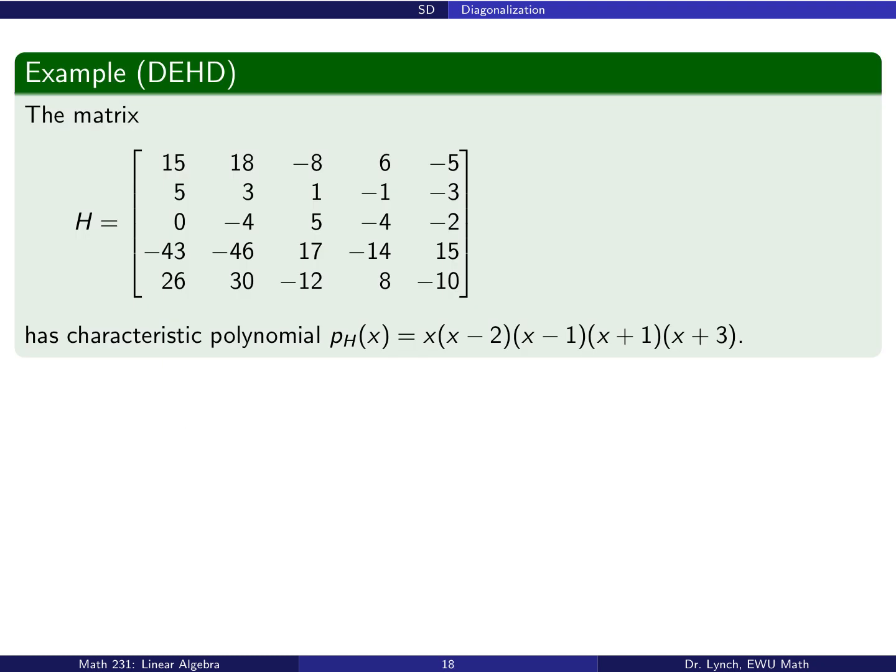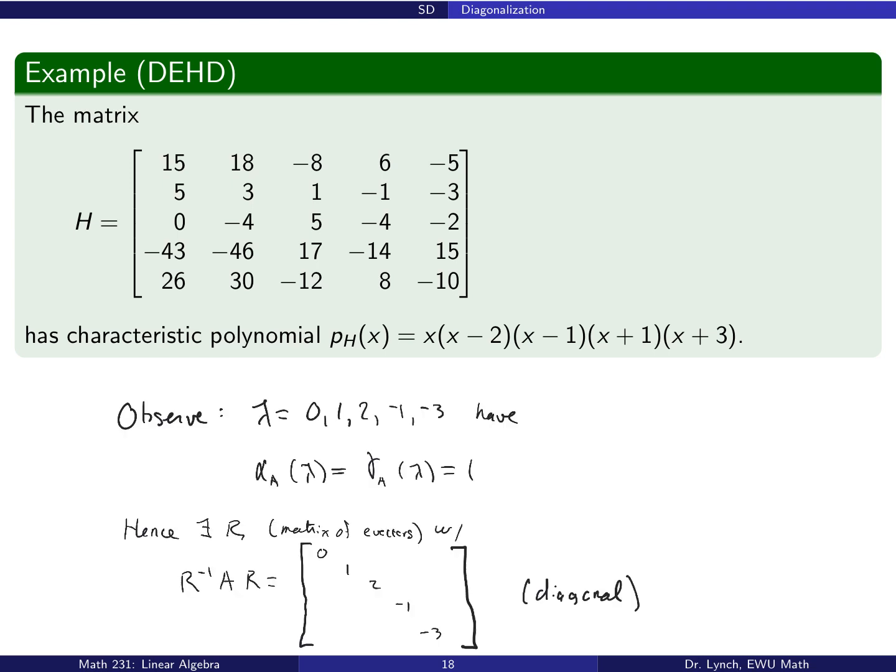So here's an example of a matrix A where we're just given that the characteristic polynomial is this quintic polynomial. We can see pretty quickly that the eigenvalues are 0, 2, 1, -1, and -3. Since each of those eigenvalues is distinct, we know that the algebraic and geometric multiplicities are all the same.